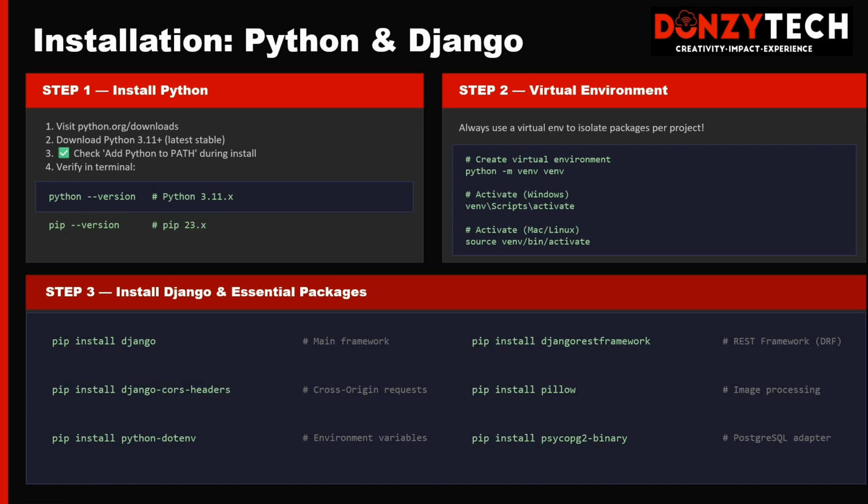Now, another important aspect in creating a Django project is something we call a virtual environment. Now, why we use a virtual environment is to make sure that packages we are using in our project do not conflict with other ones. So there are sometimes if you are working on a project, you might need a specific version of a particular library.